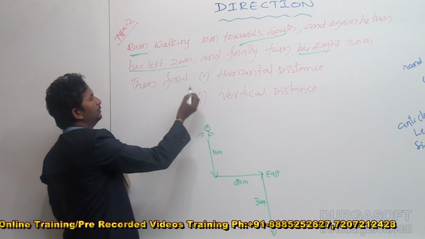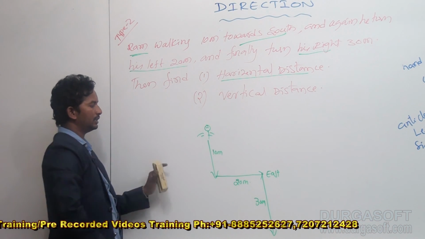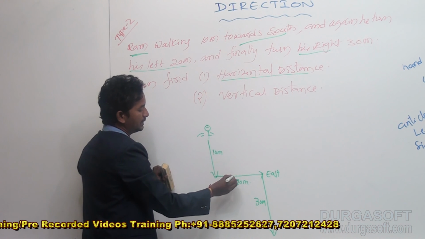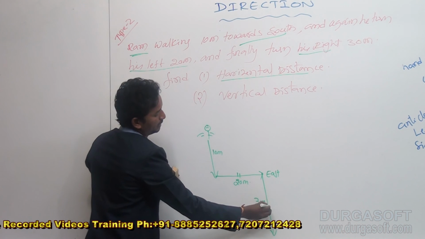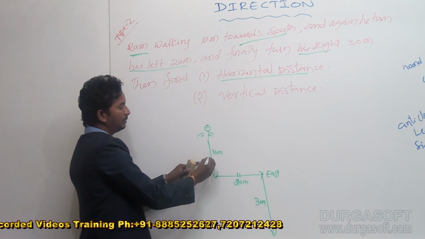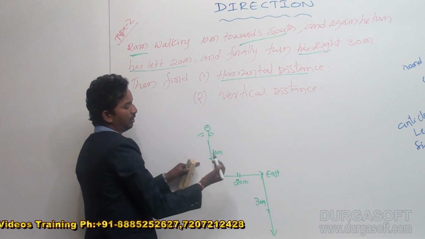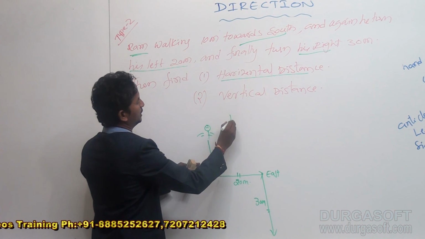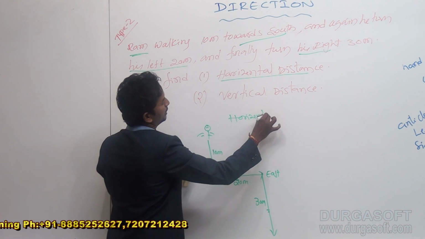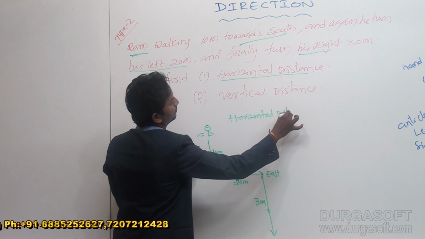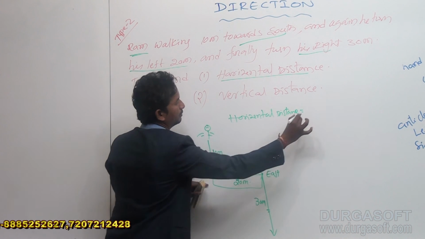Now first you find the horizontal distance. Here what is the horizontal distance? Only this part is the horizontal, this is the vertical. So the horizontal distance is only this part, here 20 meters.